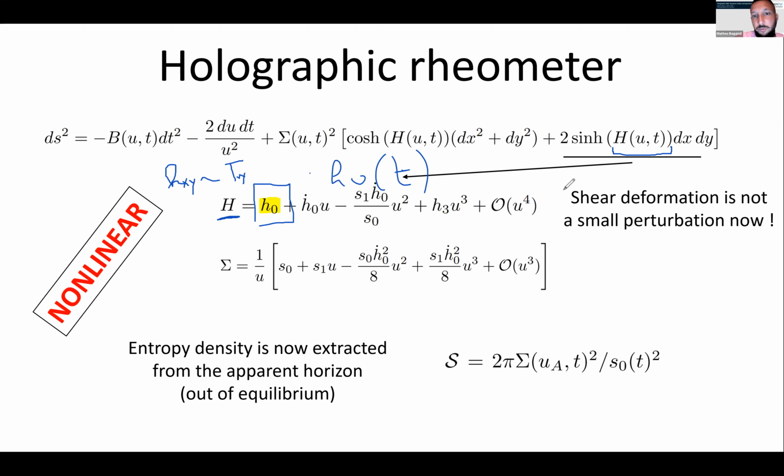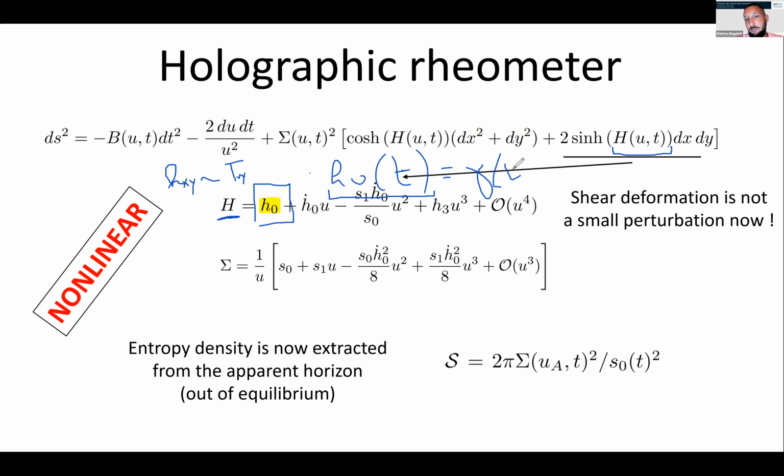If you put it like e to the i omega t, that is basically what you would do in linear response. It's the same boundary condition that you use in linear response when you compute, let's say, the viscosity. Now, the boundary condition that we put here is that this h0(t) corresponds to our shear deformation.